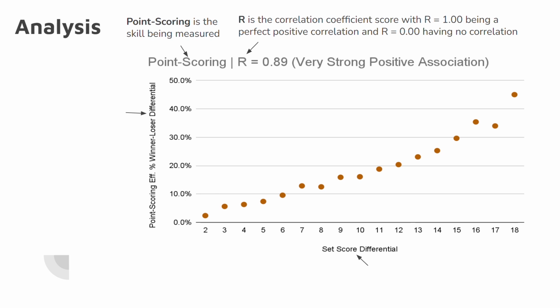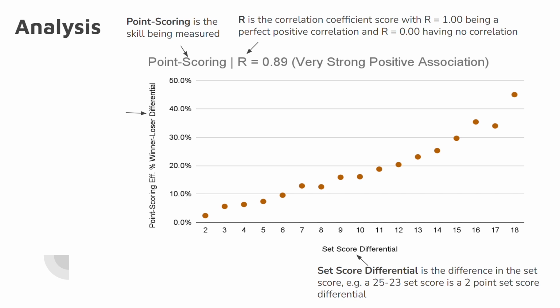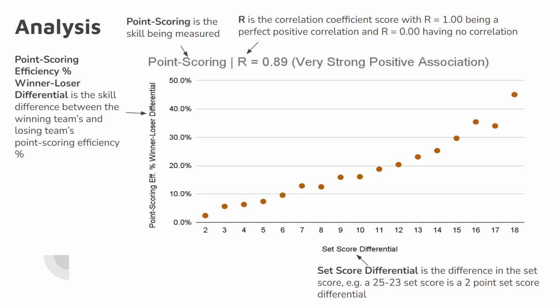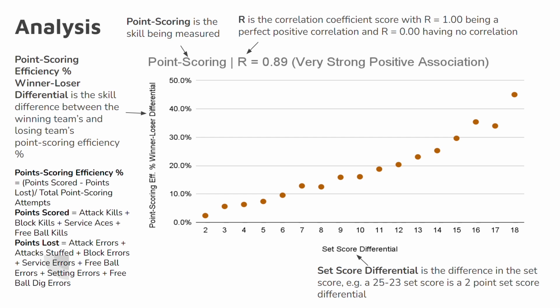On the bottom, the x-axis, you can see the set score differential, which I talked about, and on the y-axis you can see the performance indicator that's been measured. In this case, there's the point scoring efficiency percentage, which is the percentage of net points won, and you can see the calculation there.